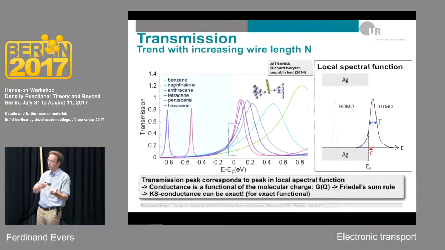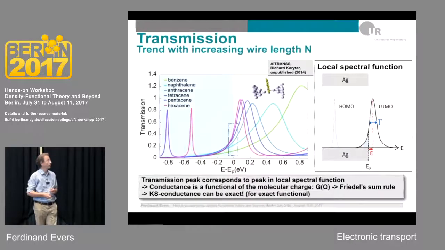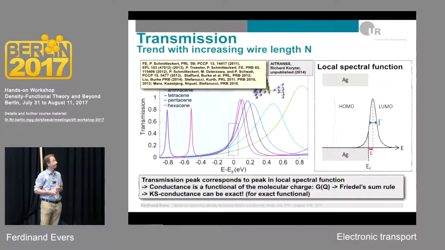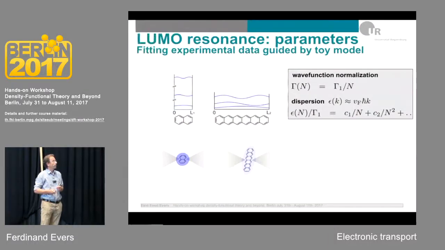If the charge saturates, then also the conductance saturates, but it doesn't have to saturate to 1. It doesn't have to saturate to half filling with respect to the state. It can be anything else. And what we actually extract now from our calculation is the amount of charge that eventually sits on the molecule in the limit where the molecule becomes very long. Good.